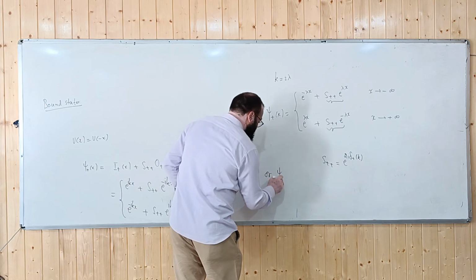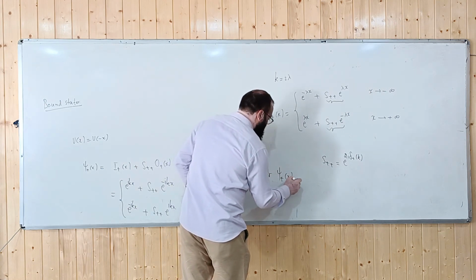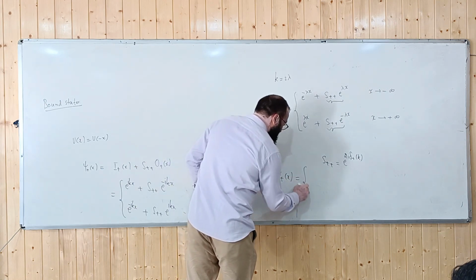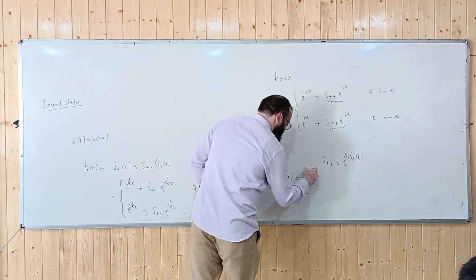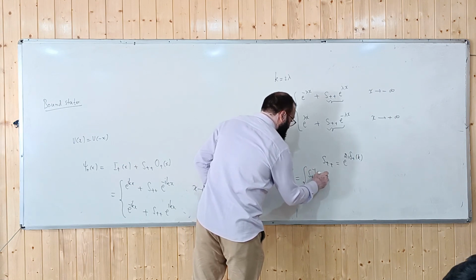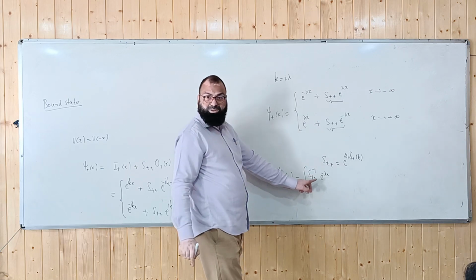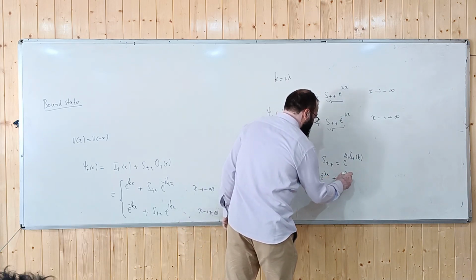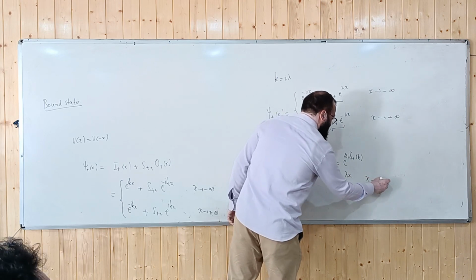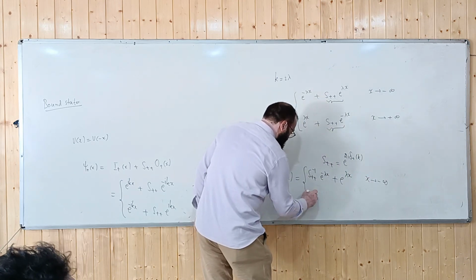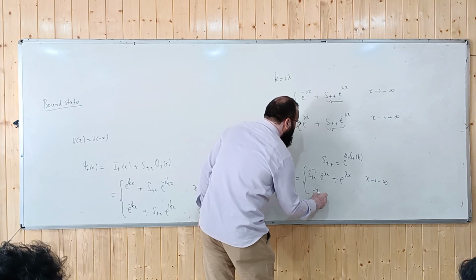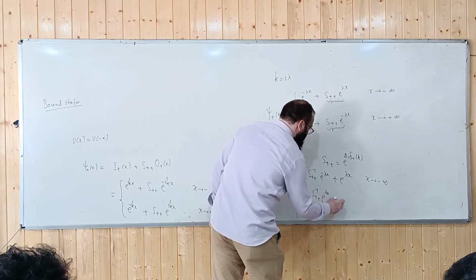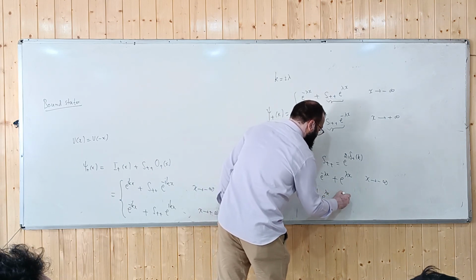I can write psi plus of x as S plus plus inverse e raised to minus lambda x plus e raised to lambda x, x tends to minus infinity, and S plus plus inverse e raised to lambda x plus e raised to minus lambda x.